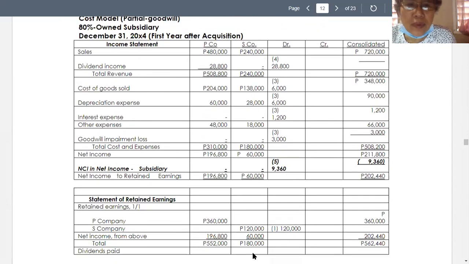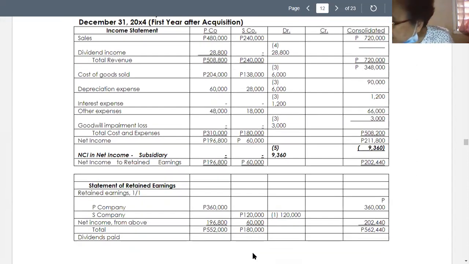Okay? Then we have this statement of retained earnings for P company, and we eliminate the retained earnings balance of S company. Net income from above, here we have 202,440 added to the retained earnings of the parent.